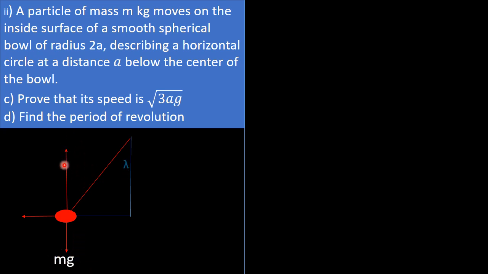Then friends, let's keep in mind that this is going to be the angle made with the normal line, that is the line of the reaction force to the center where the particle is. Good.